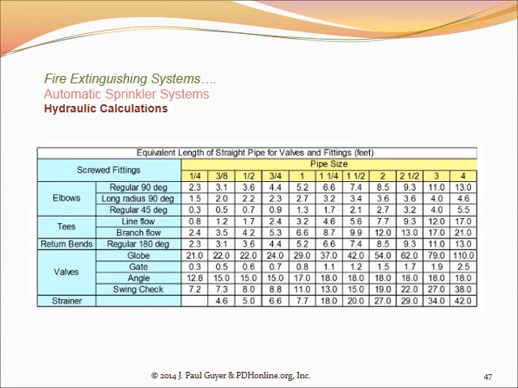Well, step number one is, first of all, you'll do a layout of the piping and make some assumptions, which is quite easy to do, about the pipe sizes. Generally speaking, there's nothing in a fire sprinkler system, in the distribution system on a given floor, that's larger than about 2 inches, maybe a maximum of 2.5.